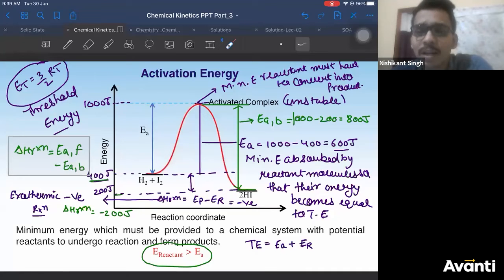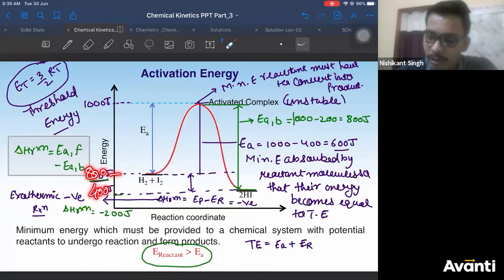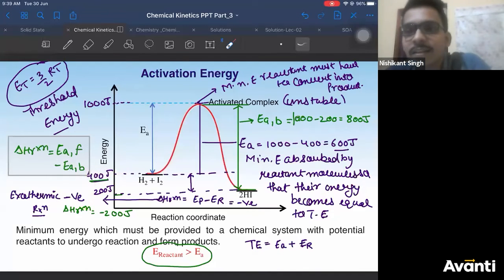If you want to put in more effort, do the following. Make it 800, make it 400 and solve everything again. Then it will satisfy this. You can do it. It doesn't matter. I have taken random data. I have not taken data to comply with this.